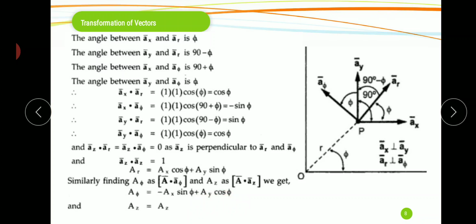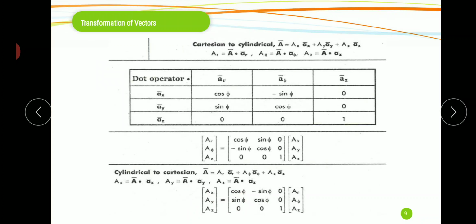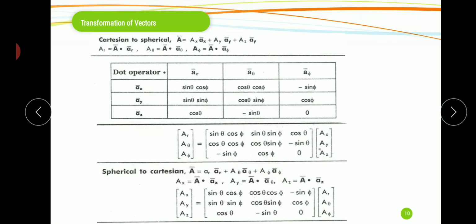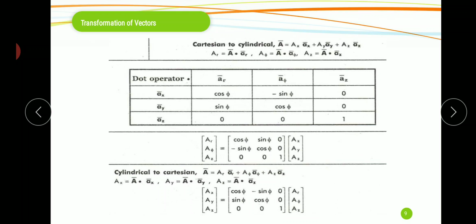So these are the transformation of vectors, that is Cartesian to cylindrical system, the same way we discussed in transformation of vectors. So the dot product is a very simple table. We can easily find the values obtained by the dot product of unit vectors.